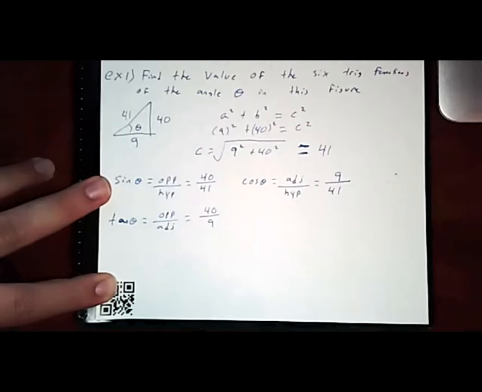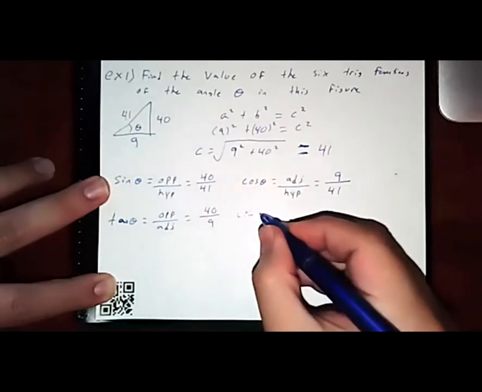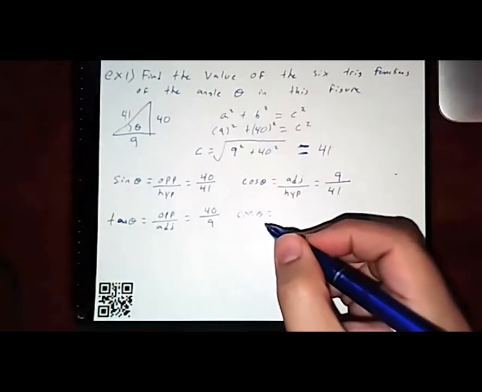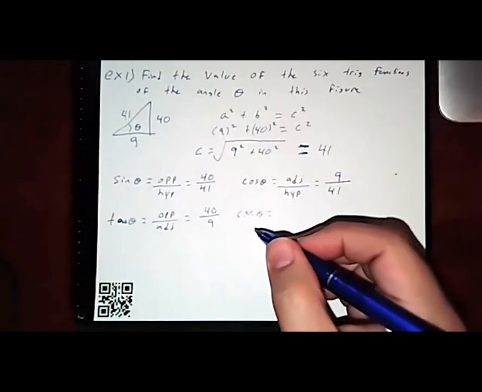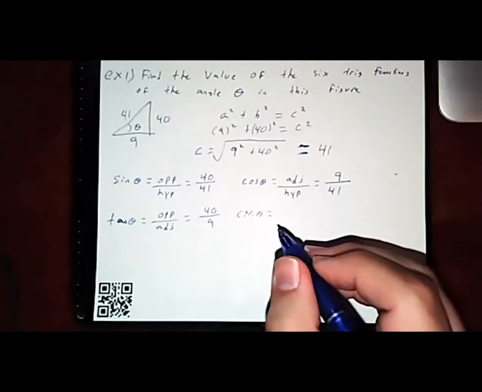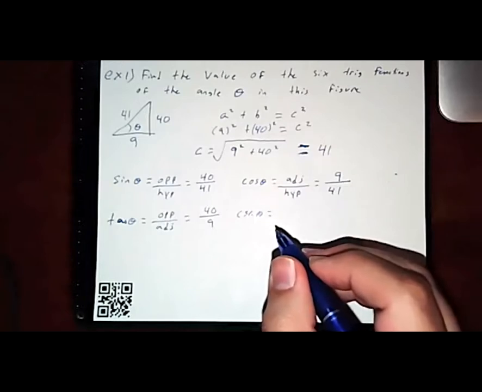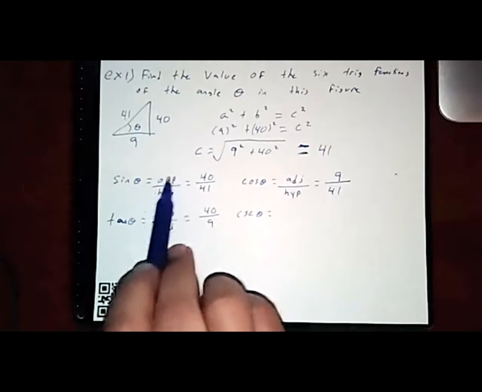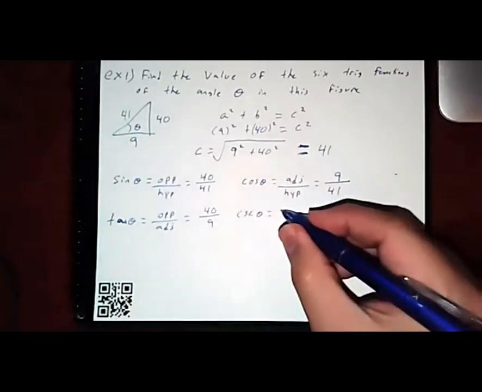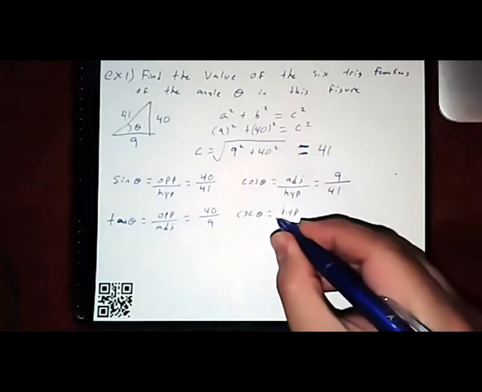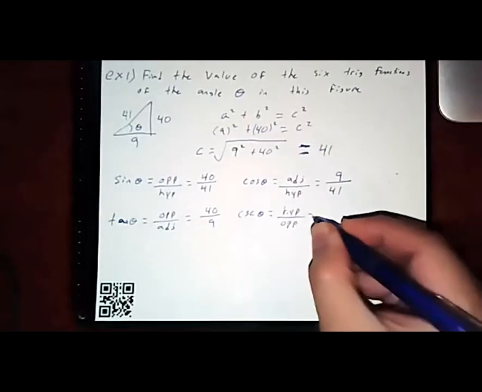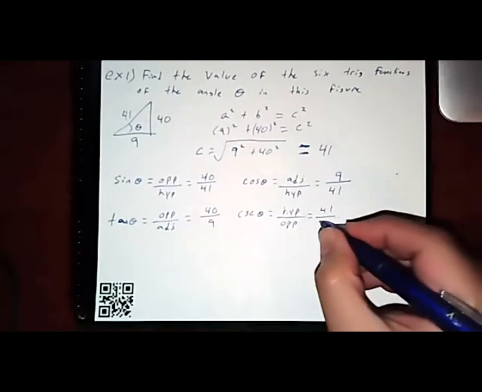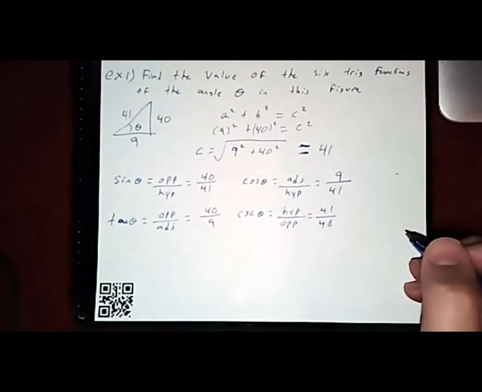All right, next one. Cosecant of theta is equal to, what is cosecant? All right, so reciprocal of sine, so you're going to flip this guy over. Okay. So hypotenuse and opposite. Okay.